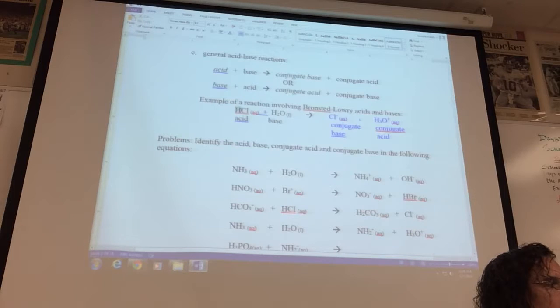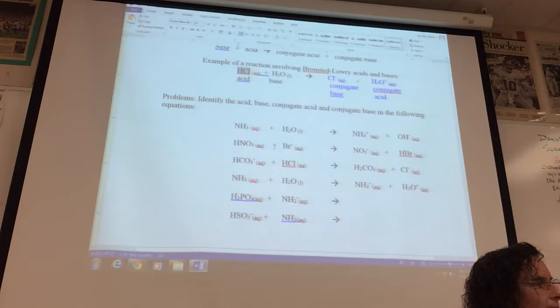But if you didn't, if you compare this substance with this substance, you will see they differ by a proton. So this substance lost a proton. It donated it to the water. So the acid forms the conjugate base, and the base forms the conjugate acid.